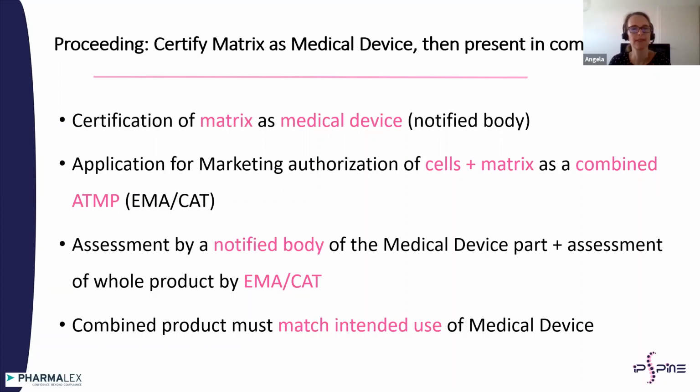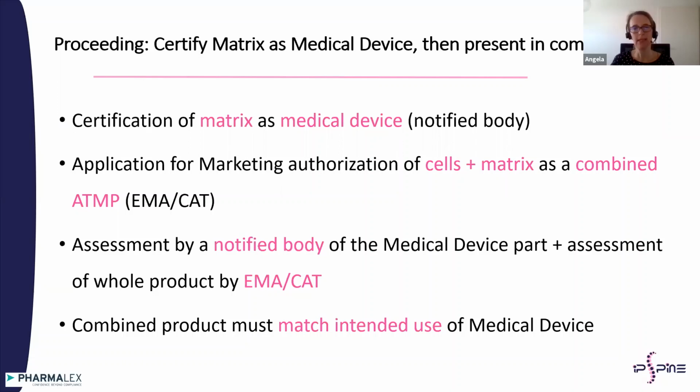And then in the assessment of the whole product, we would have an assessment by the notified body of the medical device part, and an assessment of the whole product by EMA and CAT. And as I already said, in the combined product, the medical device must be put to the same intended use as the medical device alone.